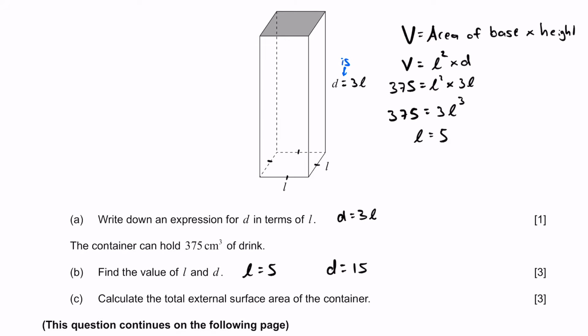Looking at this, it's a square-based prism. So we have congruent sides. This base and this height are the exact same, and they're both squares. So if we find this base, then we can multiply by 2 because we know we've got one the exact same right above. Since these side lengths are the same, this face right here is going to be the exact same as this wall right here.